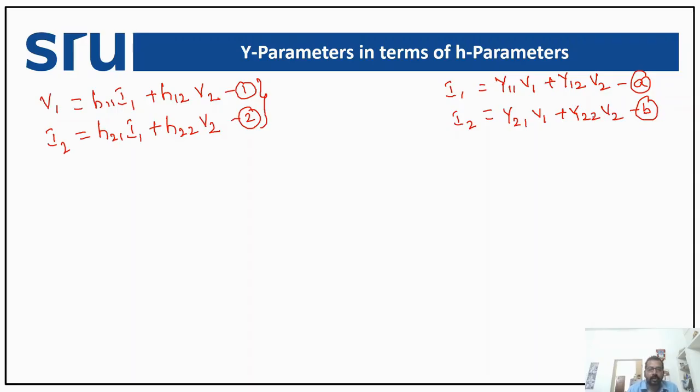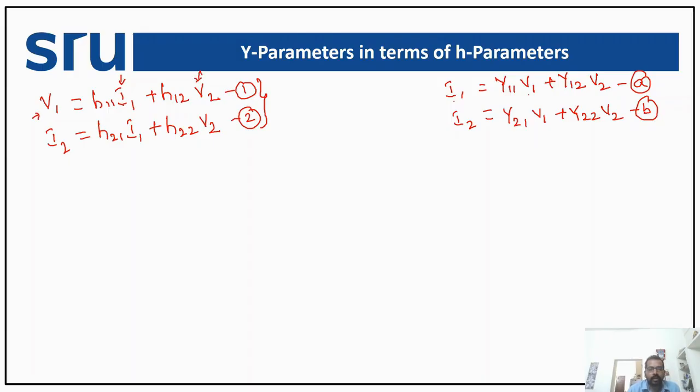Before conversion, let us see what we are going to have in Y parameters. In Y parameters we have one current term and two voltage terms. If you observe here, in the H parameters, that is the first equation, we have one current term and two voltage terms.